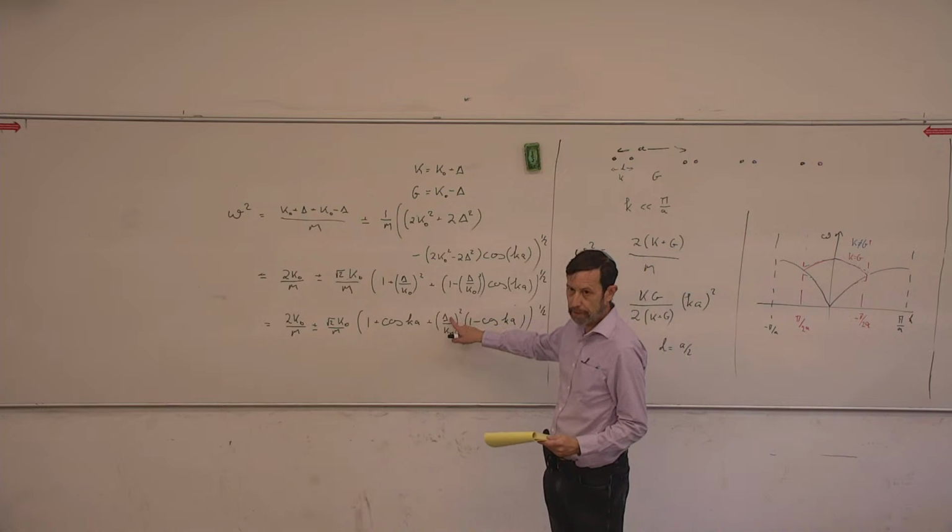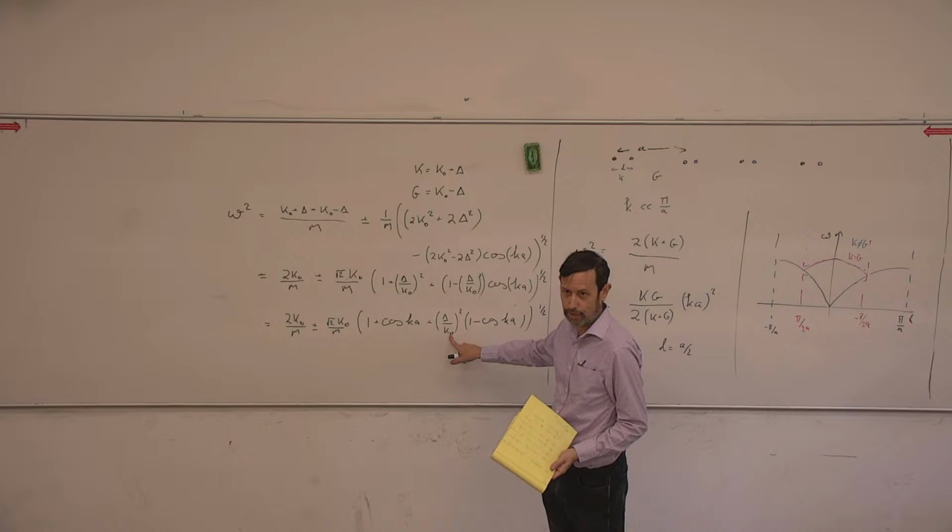Okay, by construction delta over k0 is small, otherwise I could keep the previous notation.